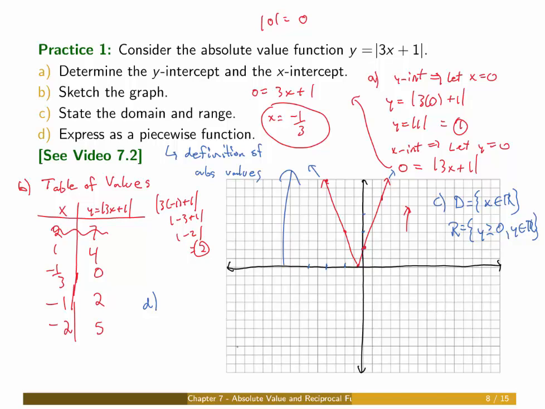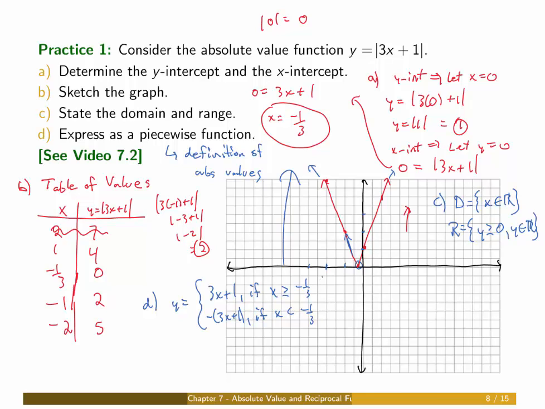Okay, the definition of absolute value states that y is equal to positive 3x plus 1 if x, and in this case it's going to have to be greater than or equal to negative 1 over 3, or negative 3x plus 1 if x is less than negative 1 over 3, and that's this line right here going that way.